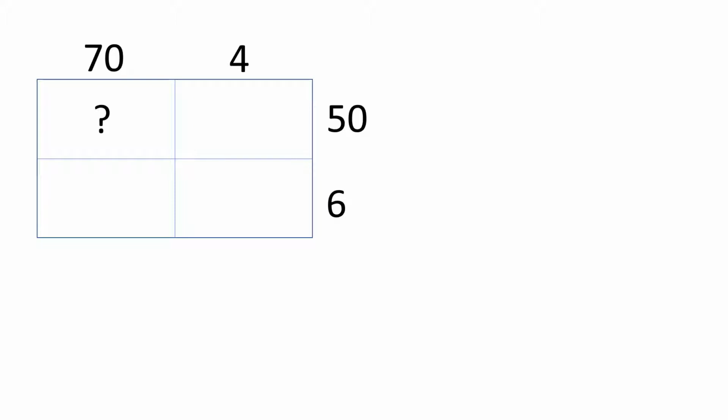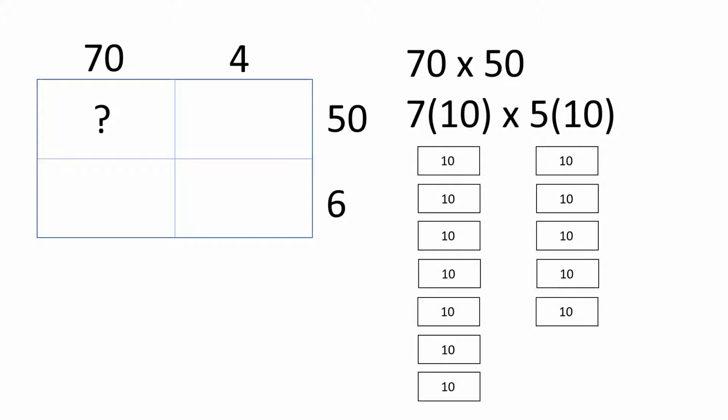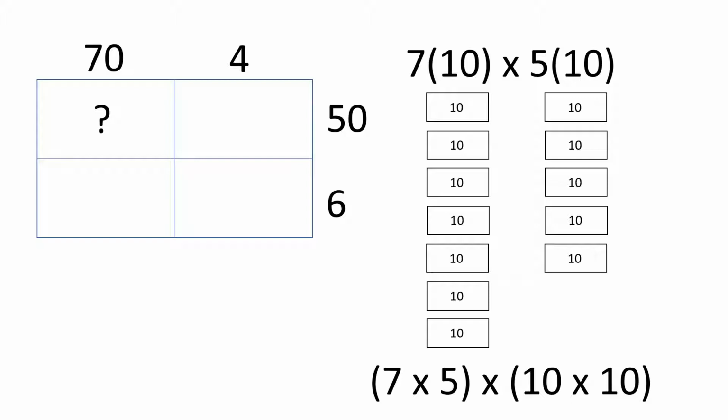So the first one we're going to do is going to be 70 times 50. Now remember, if you're looking at this, this is 7 tens and 5 tens. So what we can do is multiply the 7 and the 5 and the 10 and the 10. We can separate them from each other.